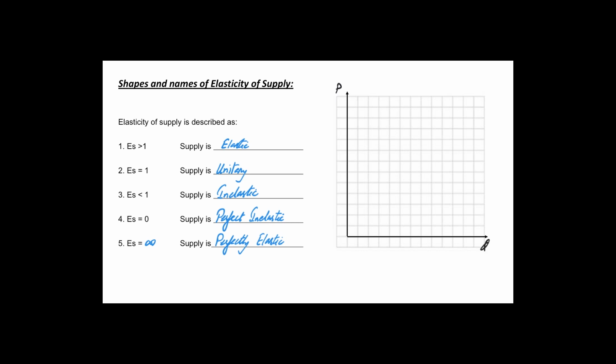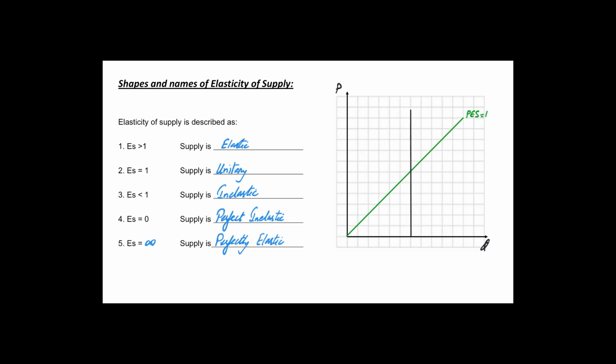For the first one, if I have to make a unitary, we've learned about unitary that it always starts from the origin. So it could have been like this, it could have been like that. As long as it's starting from the origin, it will always have elasticity equal to 1. Let me just mark it, PES equals 1. If it's perfectly inelastic, we know the quantity cannot change.